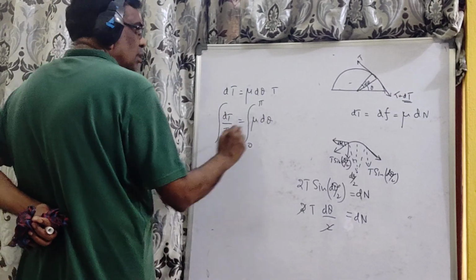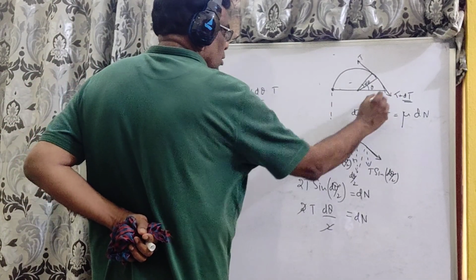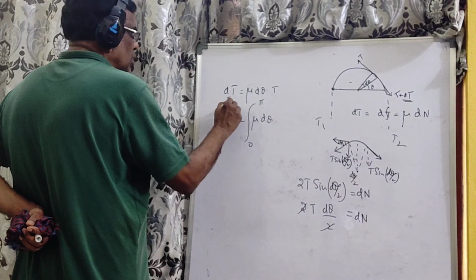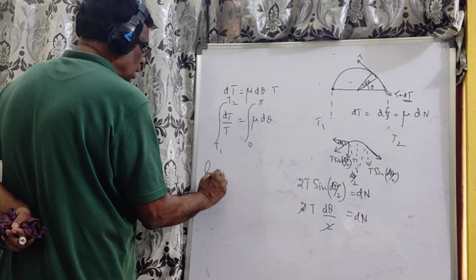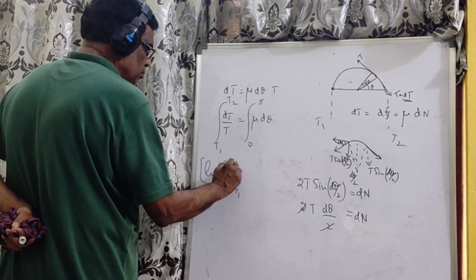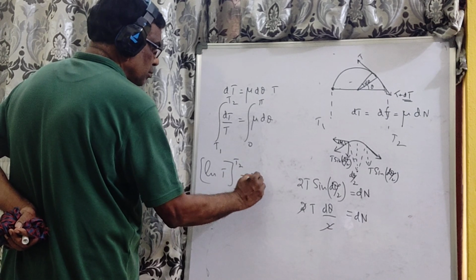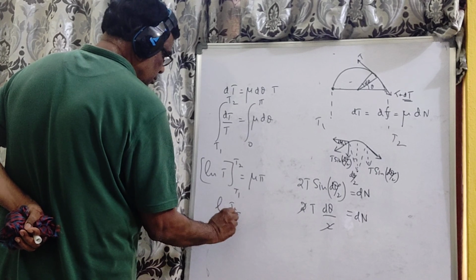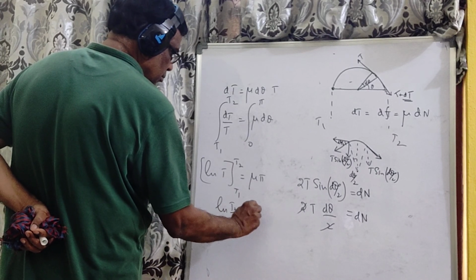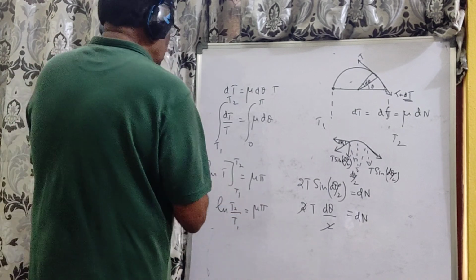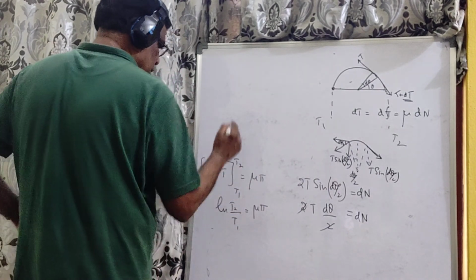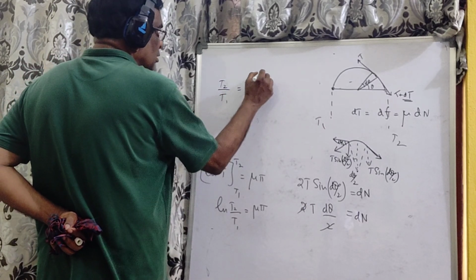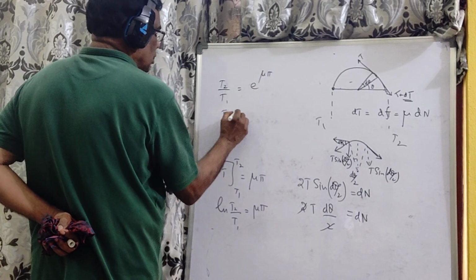And here, on this side, you have, say, T1, T2. So you have ln, or you can rewrite that as T2 by T1 is e to the power mu pi.